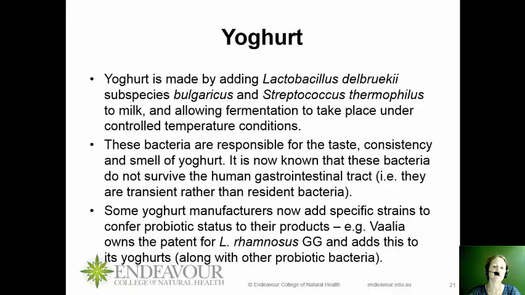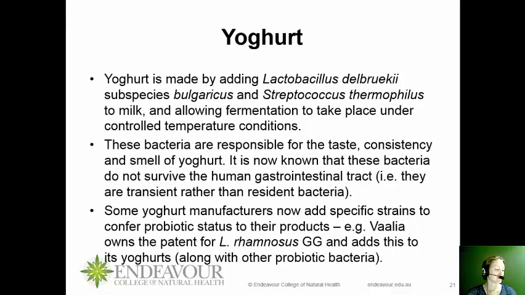Yogurt usually uses very specific bacteria in order to ferment milk. You can get milk from lots of different animals, obviously, and they will all have very different flavors, but basically yogurt is usually in a very controlled temperature condition, and it just ferments for quite some time.